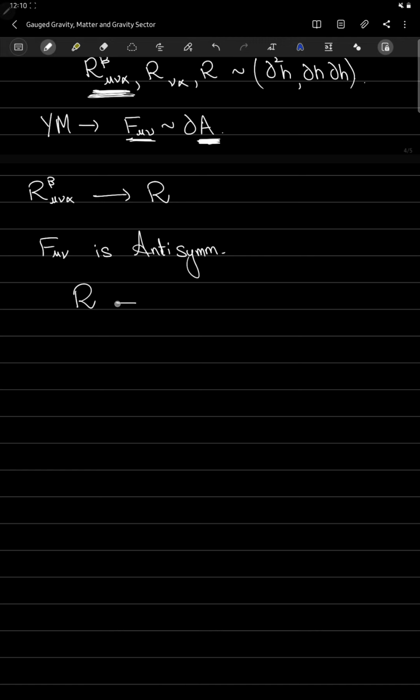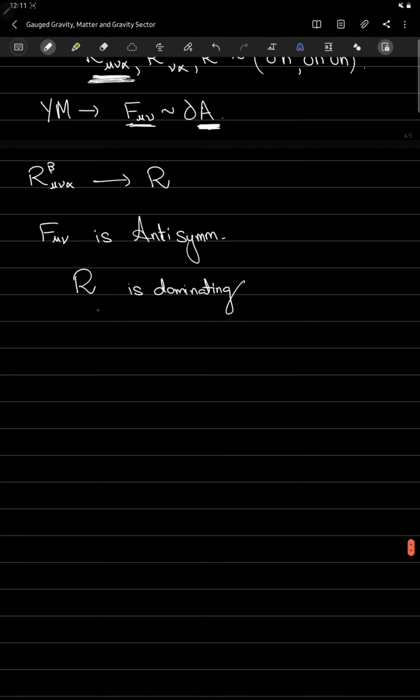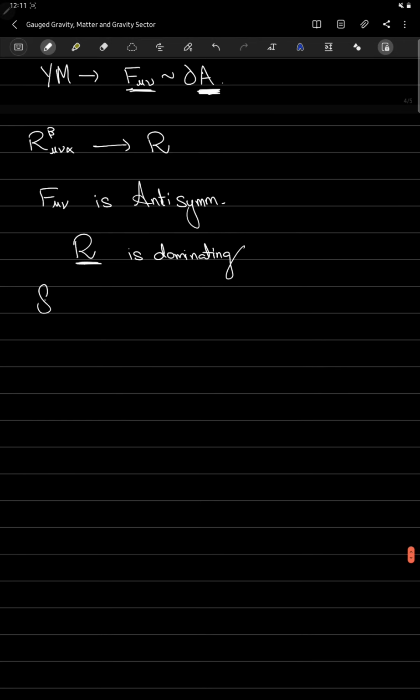So R is dominating, and because this is true, we can express our Hilbert-Einstein action using this R.